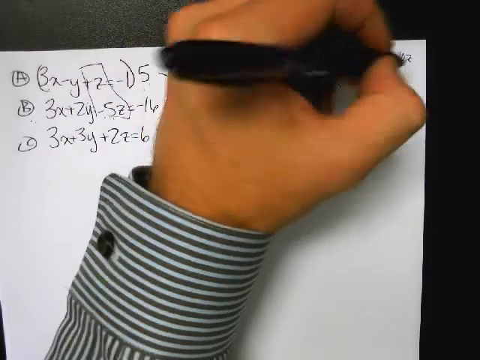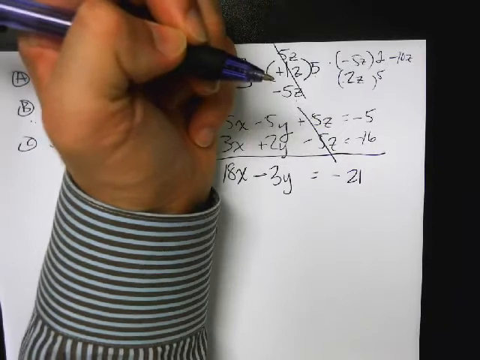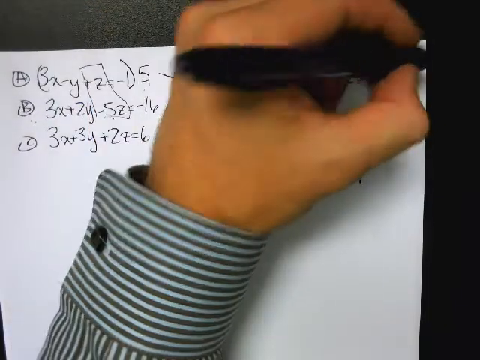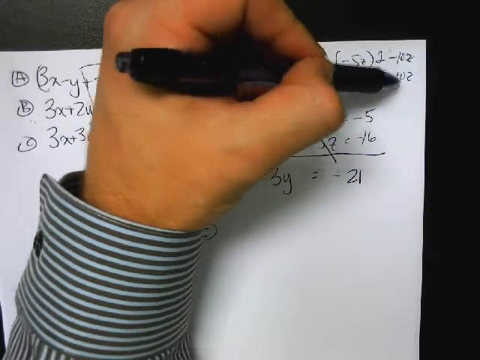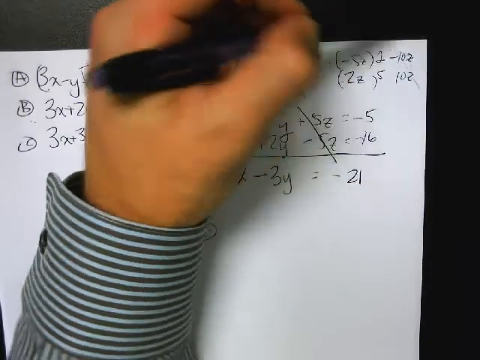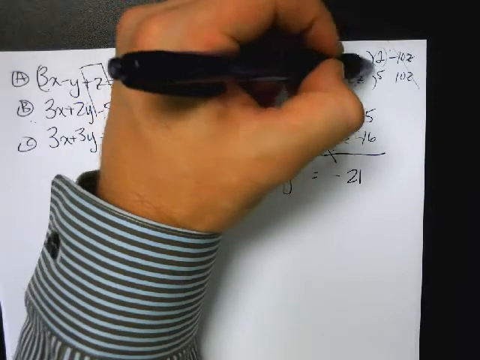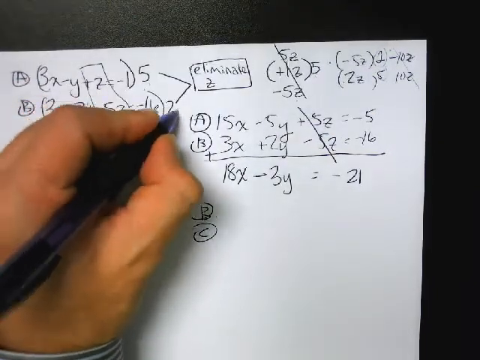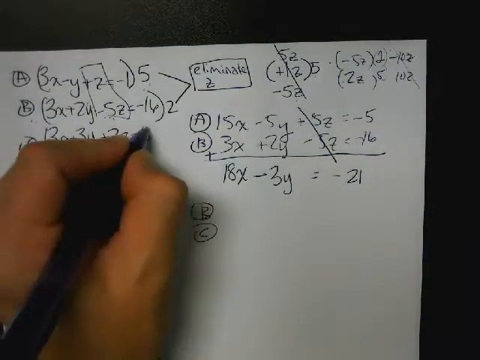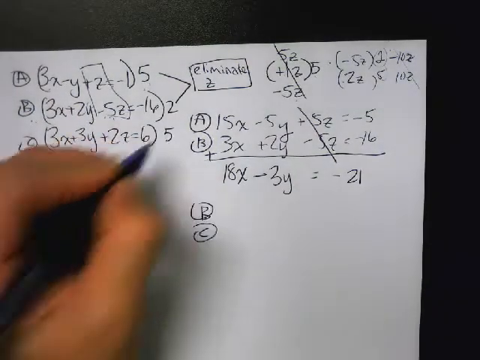And I can multiply the bottom equation by 5, because 2 times 5 is 10. And that'll give me negative 10z and positive 10z, which will cancel. So I'm going to multiply B by 2 and C by 5.